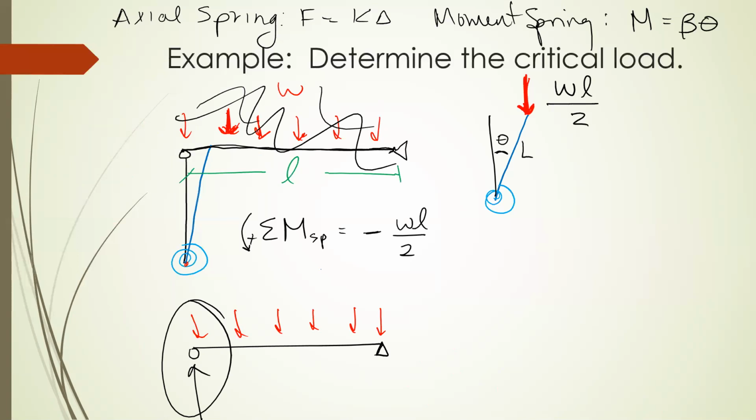WL/2 times big L theta. That's the amount of this horizontal displacement. The spring wants to restore the situation with a moment that's equal to a constant beta times the amount of rotation, so L theta.